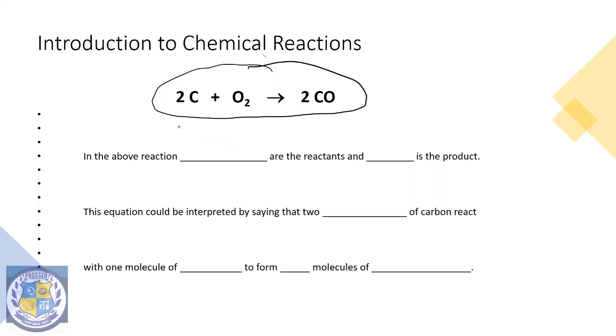So I'm going to say 2 carbon atoms and 1 oxygen molecule are the reactants, right? Reactants are on the left. And blank is the product.